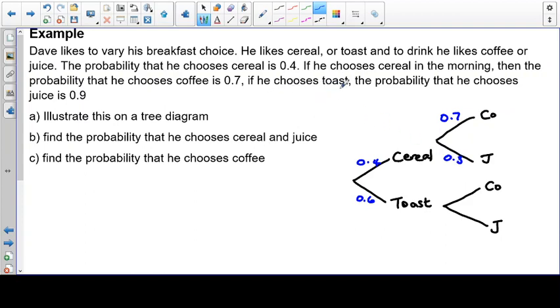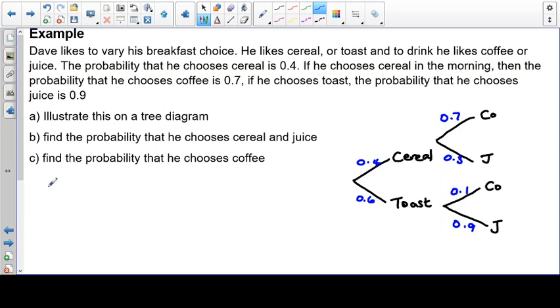If he chooses toast, the probability he chooses juice is 0.9, which means that must be 0.1. So that's your tree diagram. So remember, each of these has got to add up to 1.